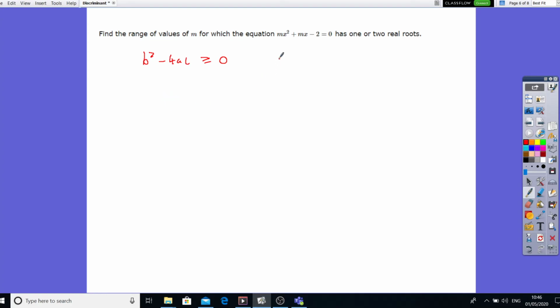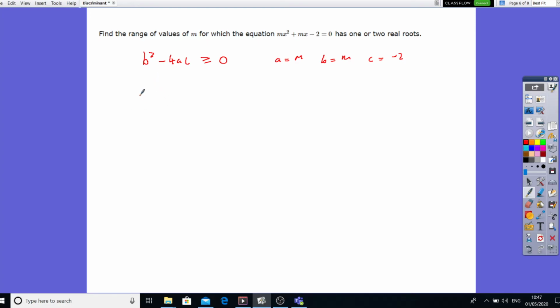Again, let's just write here, a is m, b is m, and c is equal to -2. So let's just sub it into this discriminant.